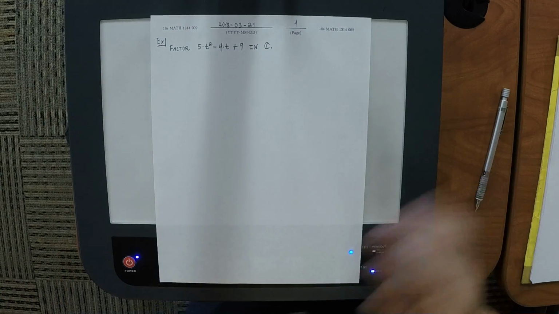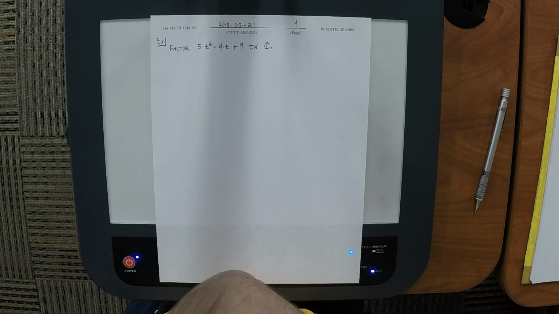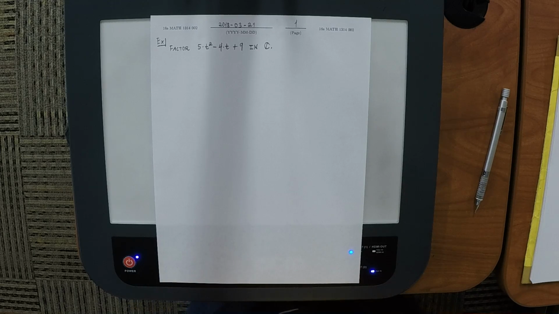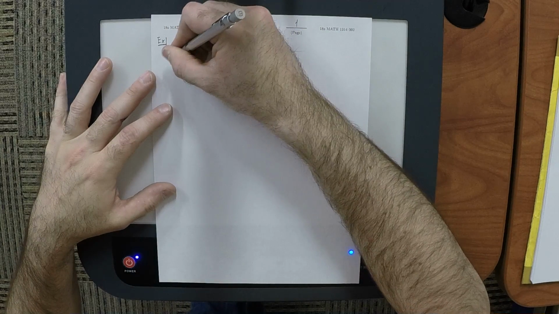Good. So we factored quadratic things at the beginning of the semester. And generally speaking, the things that we learn at the beginning are easier, and they become more difficult as you go on. So you should always ask, can you do this the easy way?